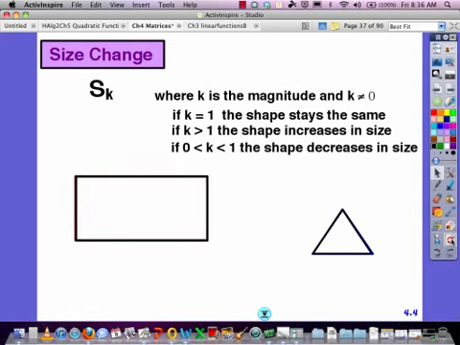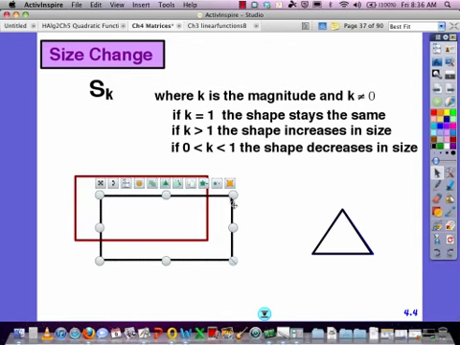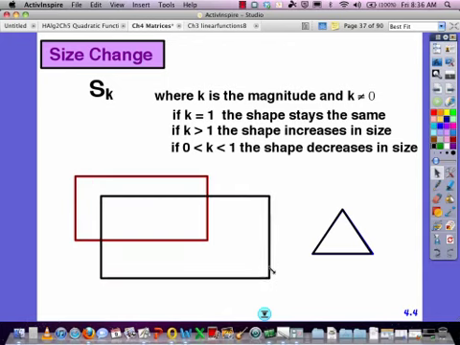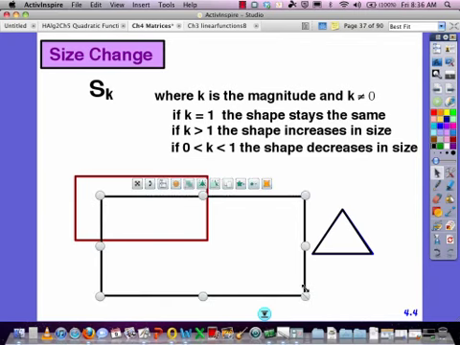And so our graph, when you look at the two shapes, the original shapes, we could take this shape, and if I now said let's take that black one and take it through a size change again that's bigger than 1, it might end up like that.